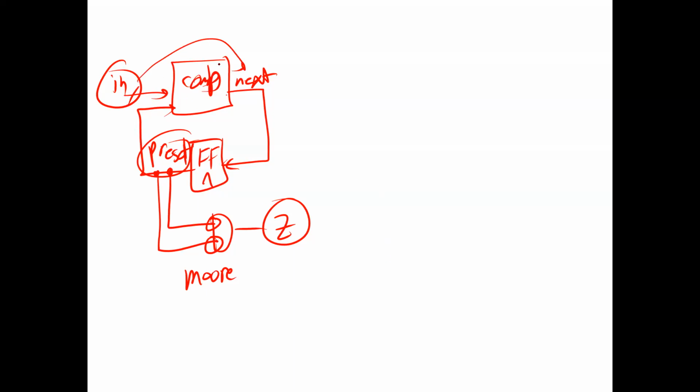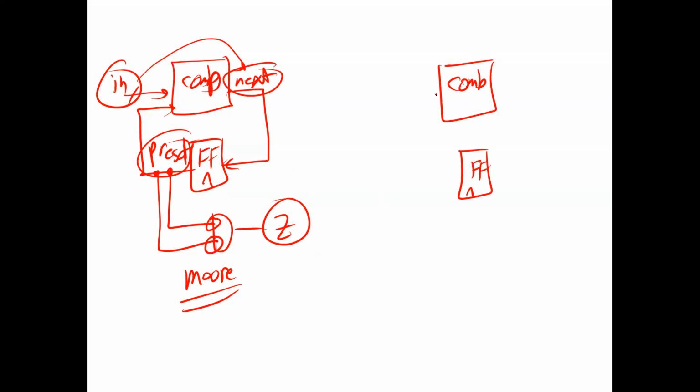The input here is only used to find the next state equation. So the input will go into the combinational circuit. Along with the present state, we get the next state. But the output of the circuit only depends on present state. This is a Moore machine. If you have a sequential circuit that looks like this, I have a flip-flop. It's going to be the same, some number of inputs, and the next state equation going into the flip-flop, and this will give me the present state.